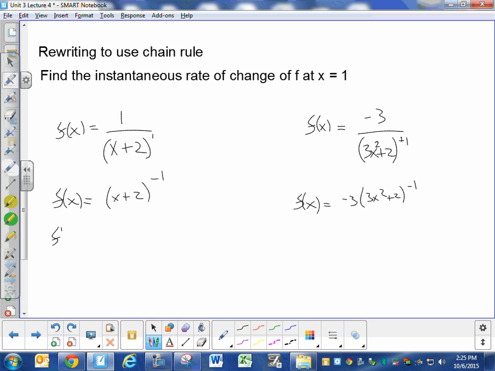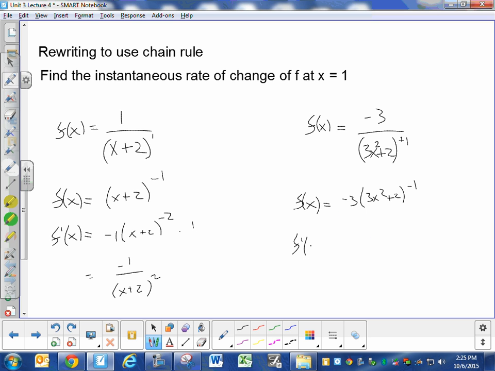And just to show you what this would be, the derivative of the outside would be negative 1, the inside to the negative second, times the derivative of the inside, which is just 1, giving you negative 1 over (x plus 2) quantity squared. Okay, maybe that's easier than using the quotient rule for this. I don't know. It's up to you.